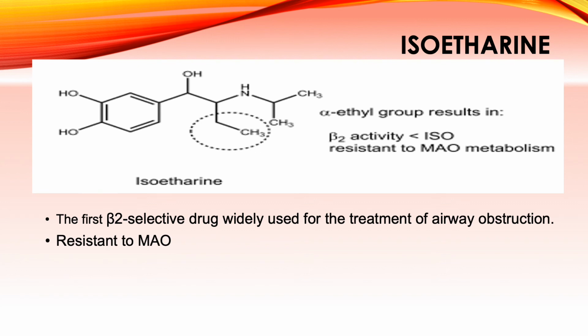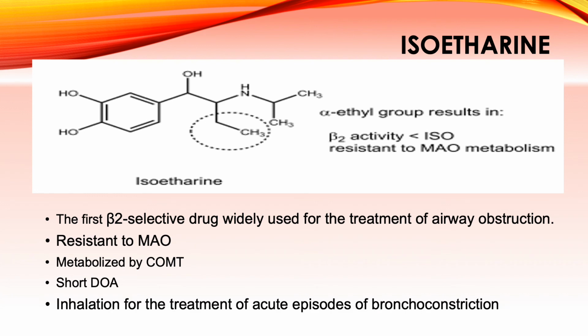That is the reason why isoetharine is resistant to MAO. It is metabolized by COMT and has a short duration of action, comparable with isoproterenol. It is used for inhalation treatment of acute episodes of bronchitis.